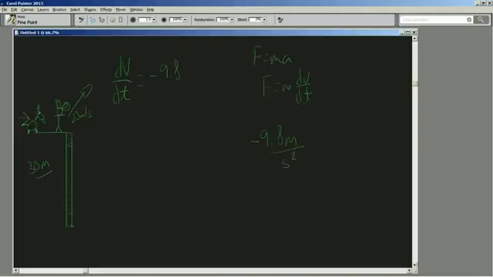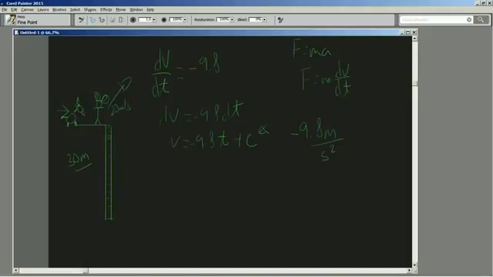So we can separate variables. We have dv is equal to negative 9.8 dt. And so we have velocity is equal to negative 9.8 t plus c. All right, so we have an arbitrary constant here. What do we do with it?